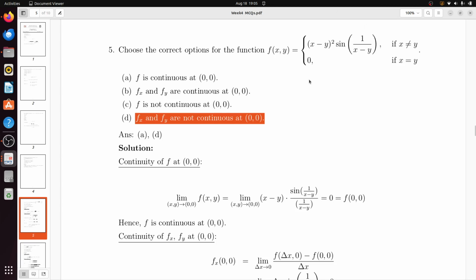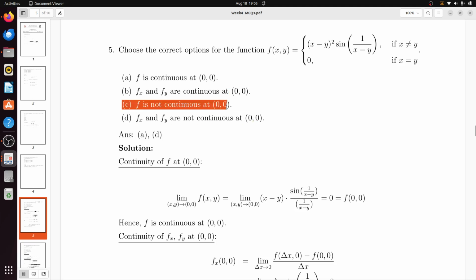Here you can directly prove that sine of 1 by (x minus y) is a bounded function, and (x minus y) whole square tends to 0 as x and y tend to 0, so the function is continuous. Otherwise you can also prove it via limit of (x minus y) into sine of 1 by (x minus y) by 1 by (x minus y), which equals 0. So that means it is continuous. So option C cancels out, right?